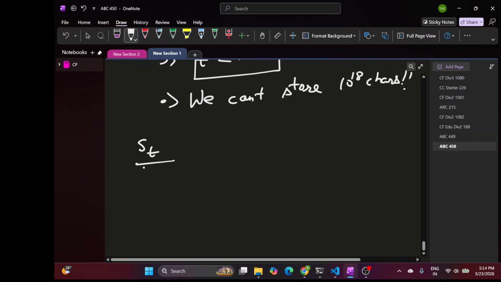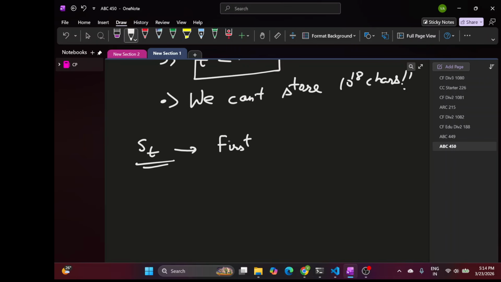We have some string st. We know that the first k characters are from st minus 1, given that the length of st minus 1 is k, right?